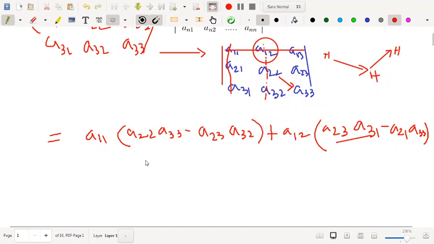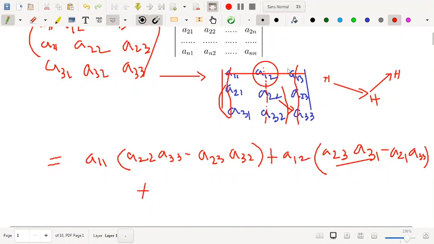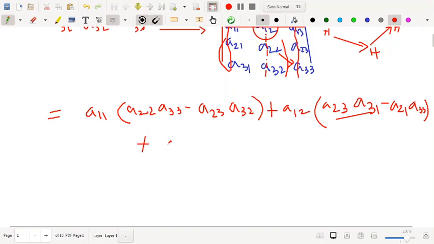Okay, plus. Now you are suppressing the first row and third column, so you remain with these elements: A21, A22, A31, A32. The intersection element is A13, so you write A13 into A21 A32.